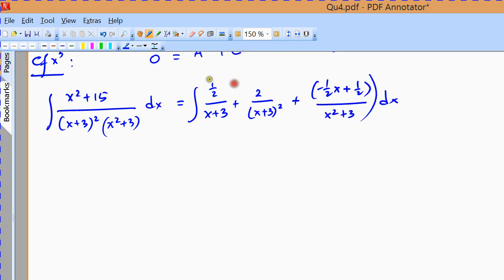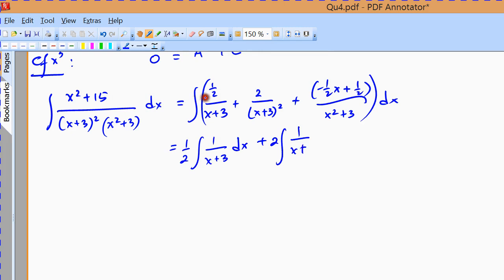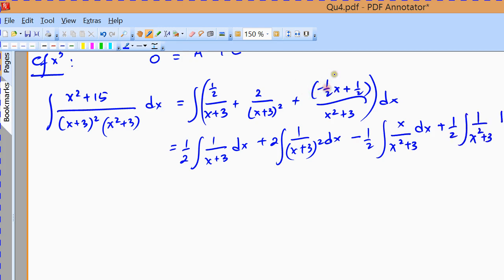Now as before, I like to factor out the constants and split everything up. So I have half 1 over x plus 3 dx plus 2 1 over x plus 3 squared. Then here minus half x over x squared plus 3 plus half 1 over x squared plus 3.